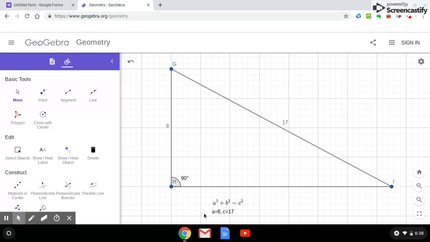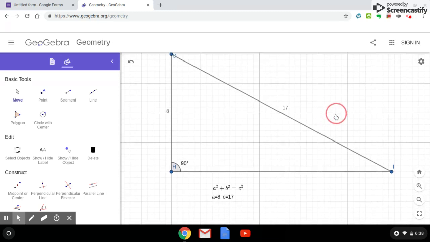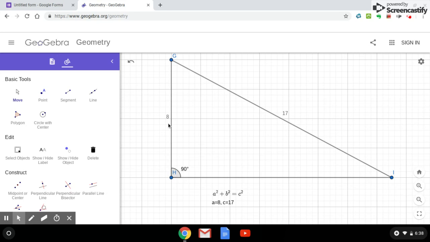We see that our a value down here is 8 and our c value is 17. So we're going to do the same thing as before and go through the equation. We know that our 8 is A and our 17 is C, so we're going to plug those in.